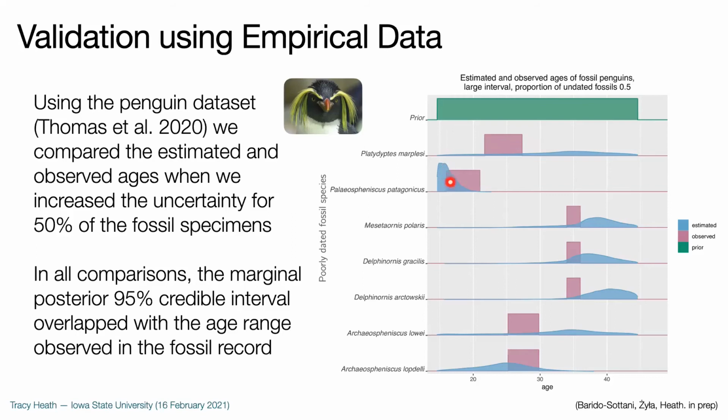And so what we're showing here is the blue marginal represents the estimated posterior of each of these fossil ages. And interestingly, while we do see concentration of the marginal posterior at the observed age range, we do see a subset of fossils where the marginal posterior remains really quite diffuse.